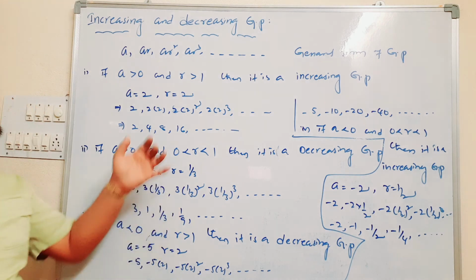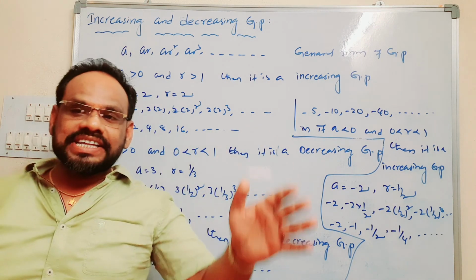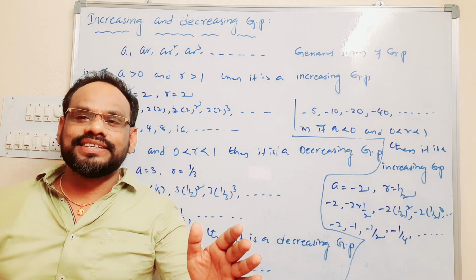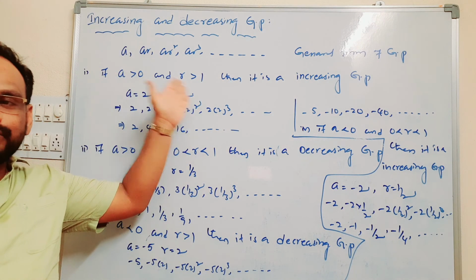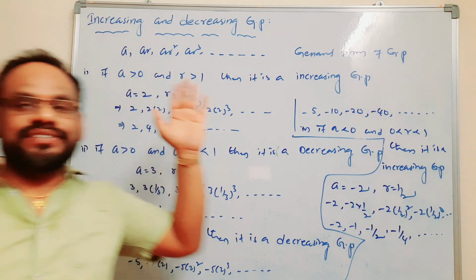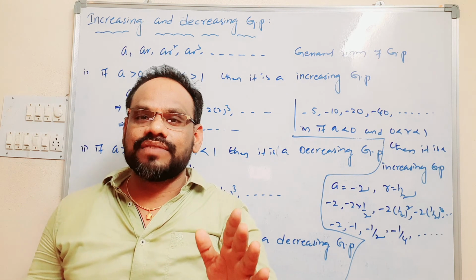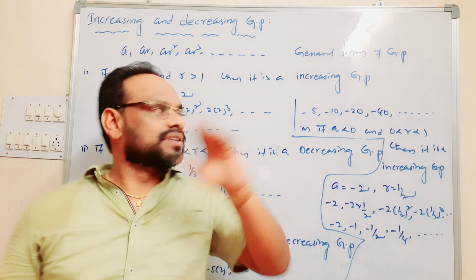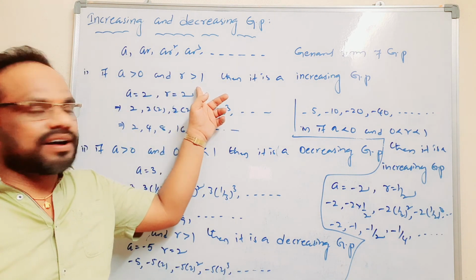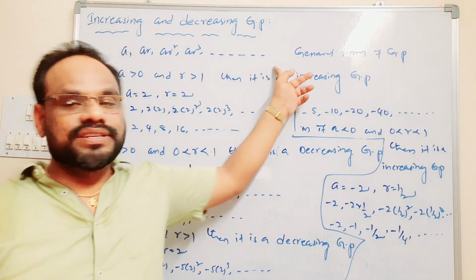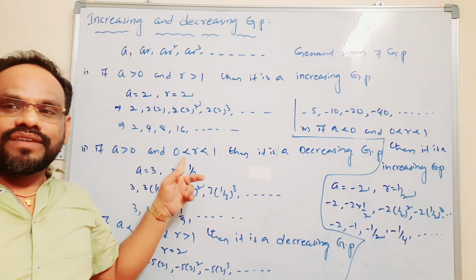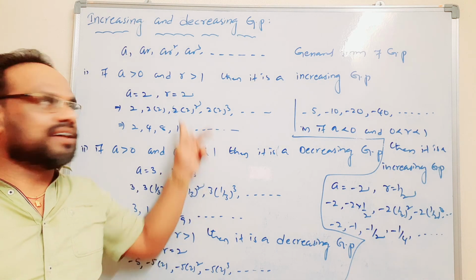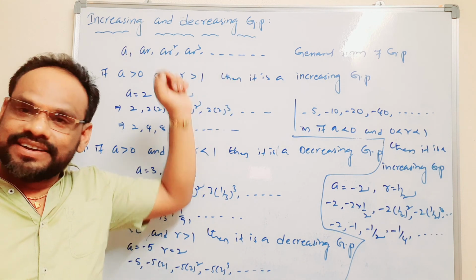So, how to decide the given GP? Whether it is an increasing GP or a decreasing GP depends on the A and R values. If A is greater than 0 and R is greater than 1, the given GP is an increasing GP. If A is greater than 0 and R value lies between 0 and 1, clearly the given GP is a decreasing GP.